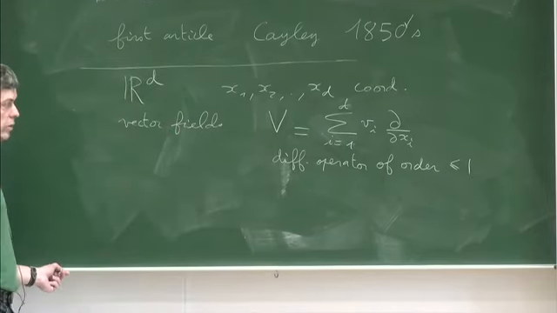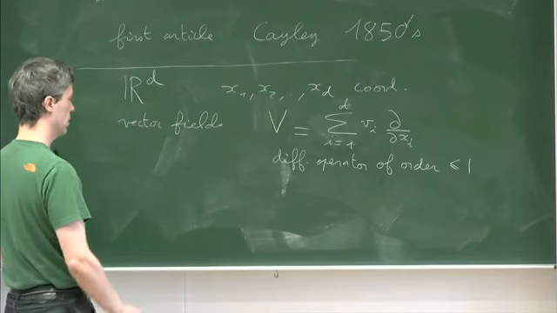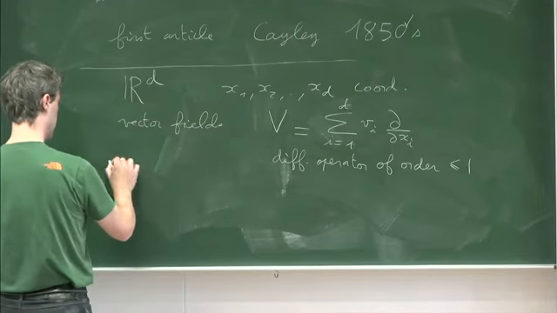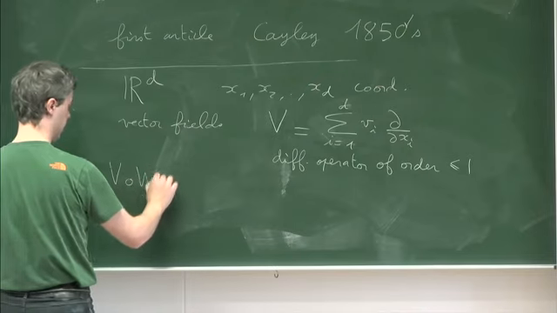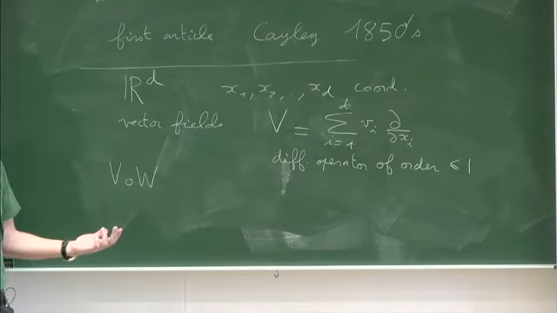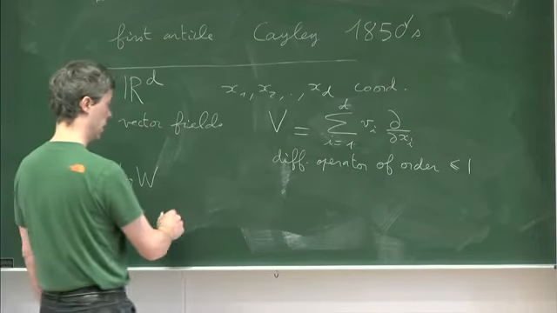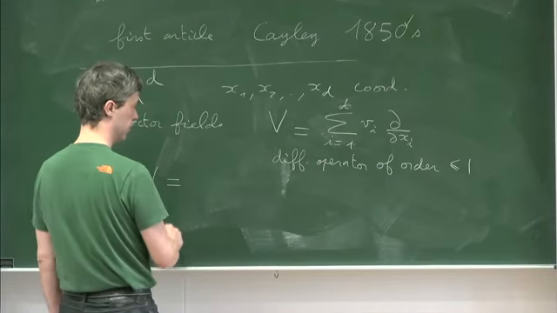So it's a differential operator of order less than 1. Now, if we take two of them, then we can define the composition as differential operators. And this has the following expression.